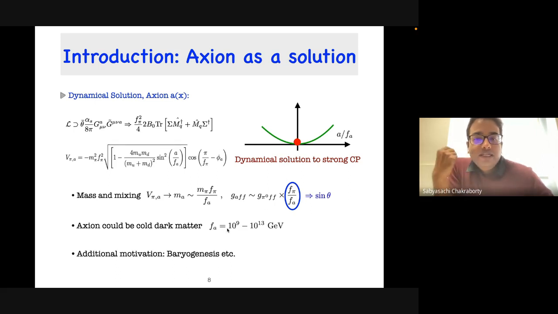As I said in the beginning, in typical models where the axion could be a dark matter candidate, f_a could be very large, 10 to the power 9 to 10 to the power 13 GeV. That means this mixing angle would be extremely tiny. And there are other motivations for axions as well, such as baryogenesis.